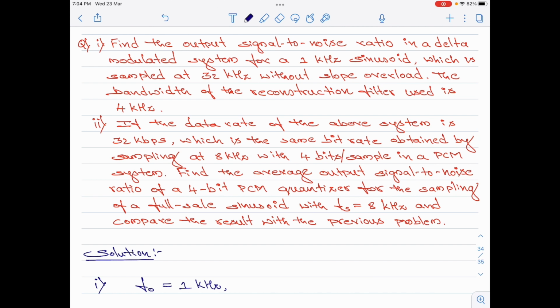Then, it is sampled at 32 kHz, so the sampling frequency Fs is equal to 32 kHz. Lastly, we are told the bandwidth of the reconstruction filter used is 4 kHz. This is represented by Fm and is equal to 4 kHz. The numerical also says the system does not experience slope overload.